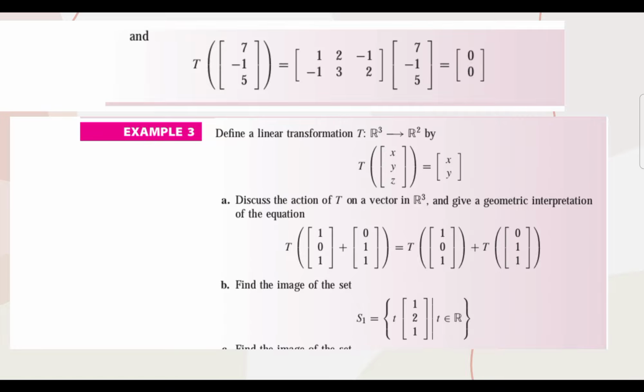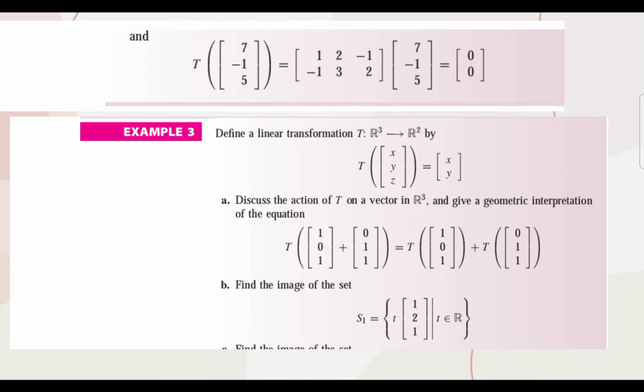Next, we have example 3. Define the linear transformation T from R cubed to R squared by T(x, y, z) = (x, y). A: Discuss the action of T on a vector in R cubed and give a geometric interpretation of the equation T((1, 0, 1) + (0, 1, 1)) = T(1, 0, 1) + T(0, 1, 1).